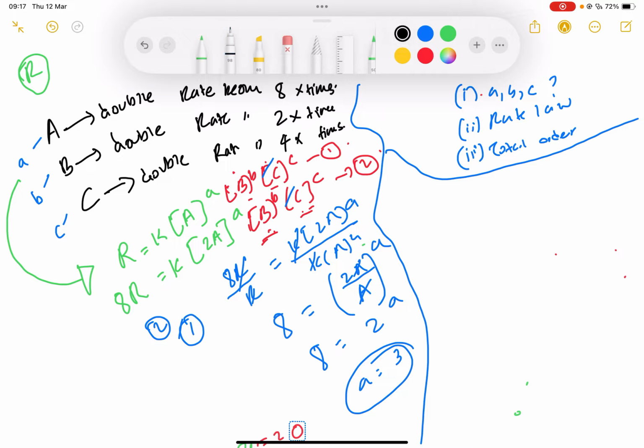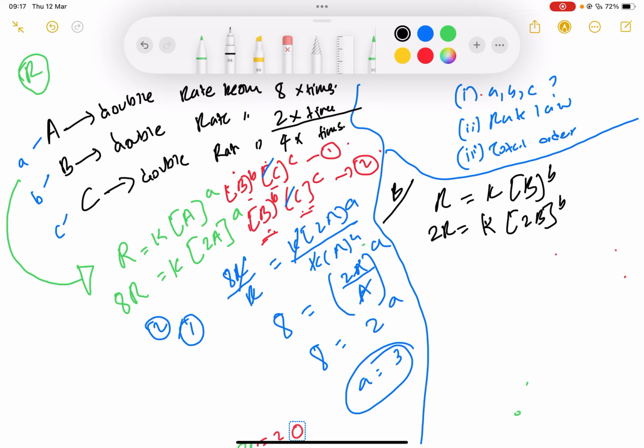Now same way you can apply for B. When you apply for B, the concentration of A and C will remain the same. Okay, only the B concentration will change. Now B they have doubled it. R equals k[B]^b. Now it has become 2 times. Okay, the concentration becomes 2 times when you double the concentration of B, (2B)^b.